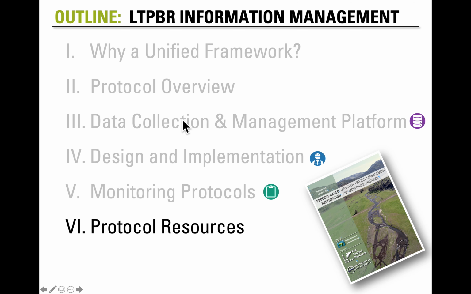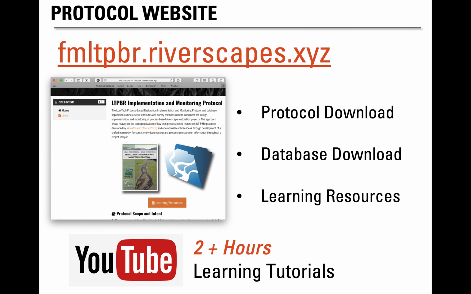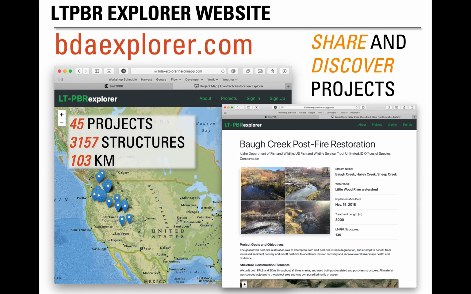So we've made a real effort to do this within the protocols. Okay, lastly, let's just cover a few protocol resources. First, all of the things I covered today, the protocol, the database, and a bunch of learning resources, about 2 hours to get you up and running, are all available on a website at fmltpbr.riverscapes.xyz. We also, to support information sharing, have an LTPBR Explorer website that's operational.